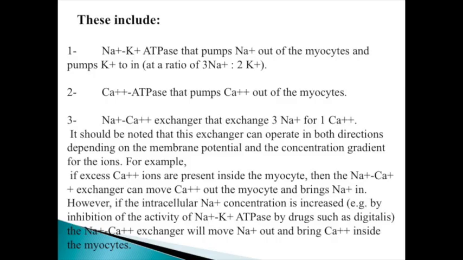In fact, in slide 31, we want to tell 3 important facts about the pumps and the exchangers on the myocyte membrane, which can keep the electric activity and maintain it without any disturbance.